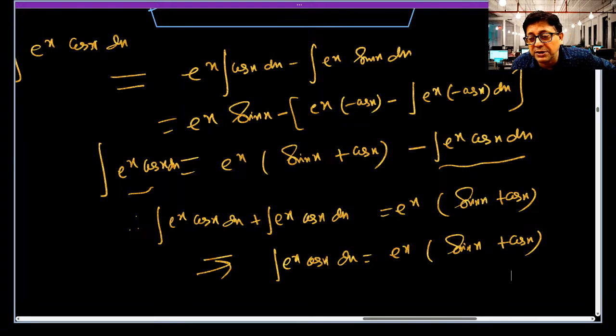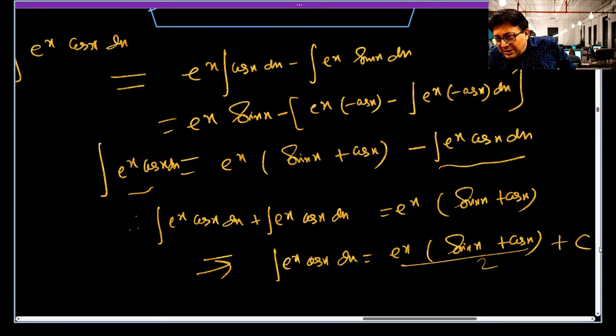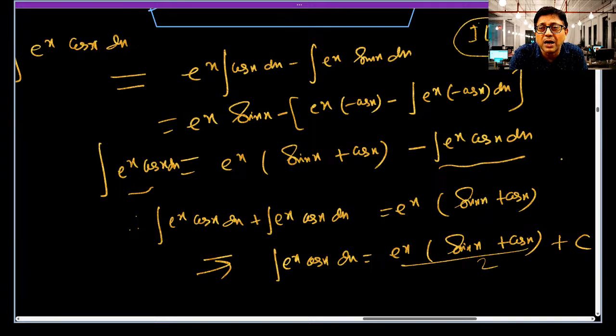So this thing will be this divided by 2 plus c. E to the power x cos x dx is e to the power x into sin x plus cos x, that divided by 2. This is the answer. So if you take e to the power x second and cos x first, following the same rule, you can check afterwards whether you are getting different answers or not. It will be the same answer. There is no difference. Okay.